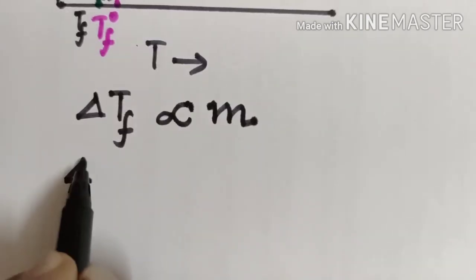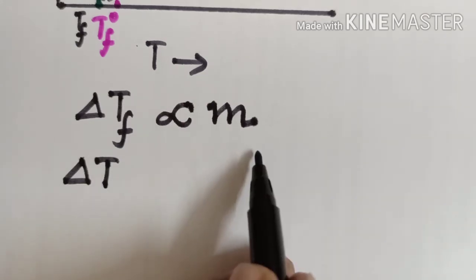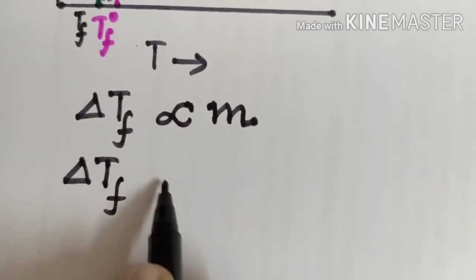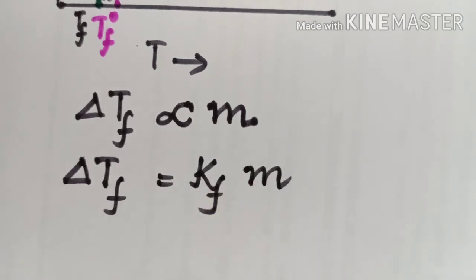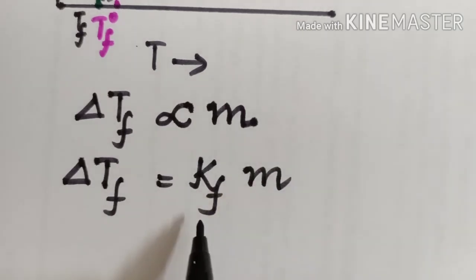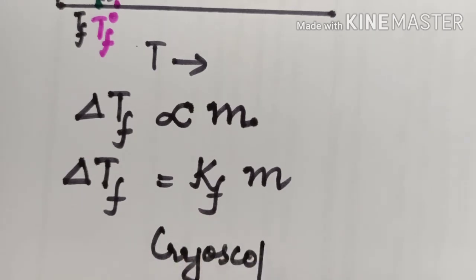That is, delta TF is proportional to molality. Delta TF is equal to Kf into molality, where Kf is known as the molal depression constant, otherwise known as cryoscopic constant.